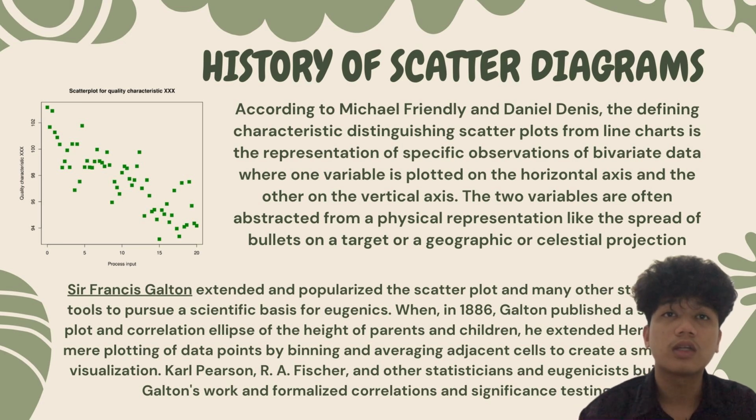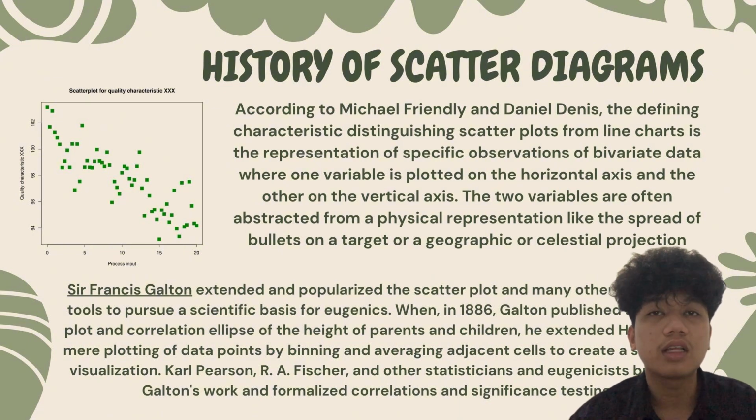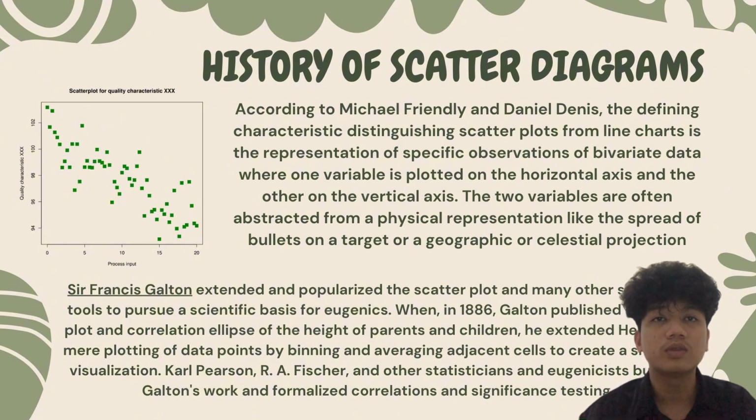Sir Francis Galton extended and popularized the scatter plot and many other statistical tools to pursue a scientific basis for heredity. In 1886, Galton published a scatter plot and correlation ellipse of the height of parents and children.